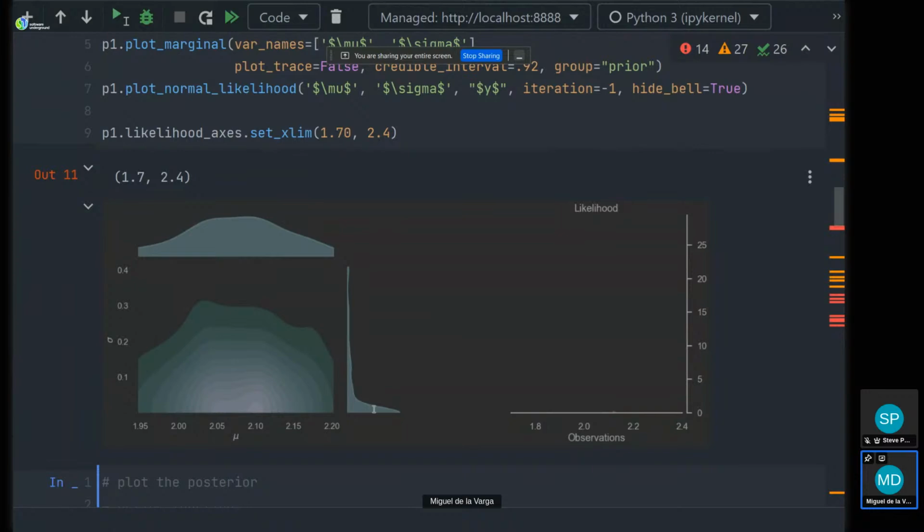When you are doing the inference, if you are very, very sure about your prior, then you can just remove this parameter completely, or you can make most of the mass very close to one point.